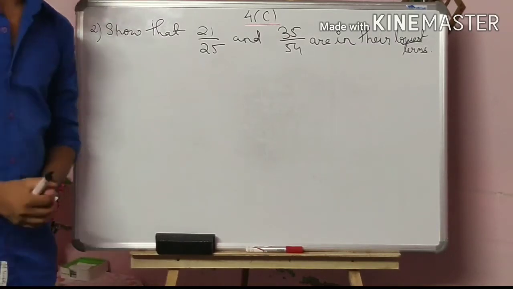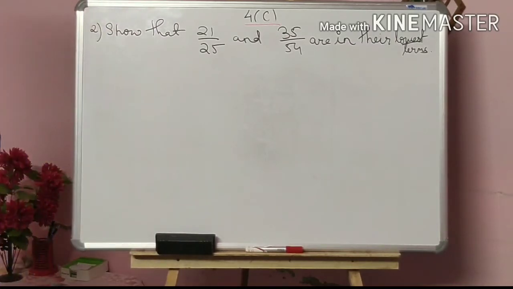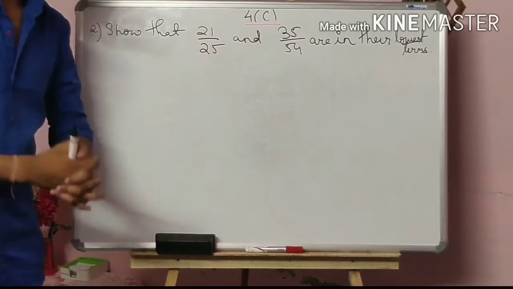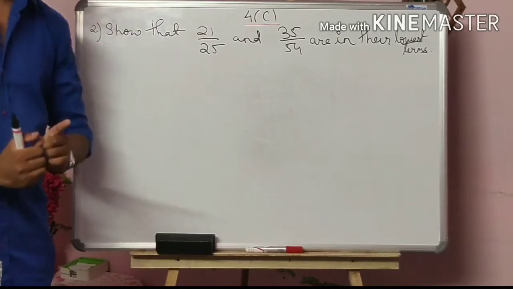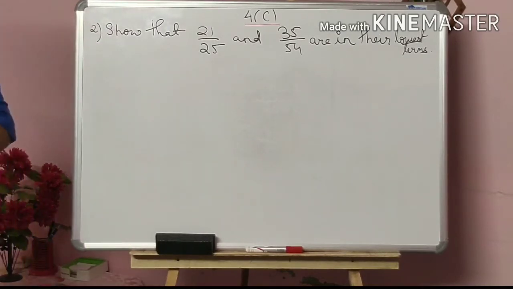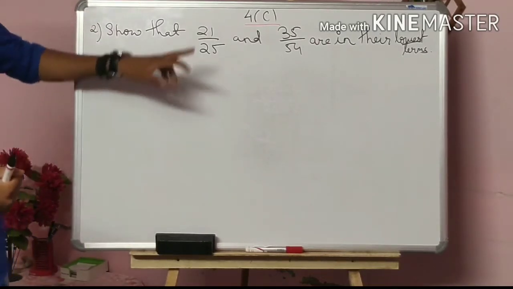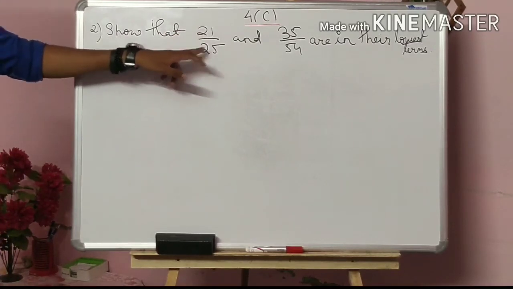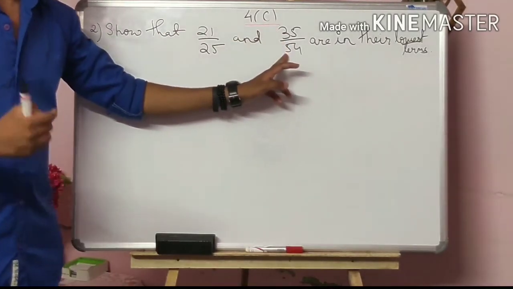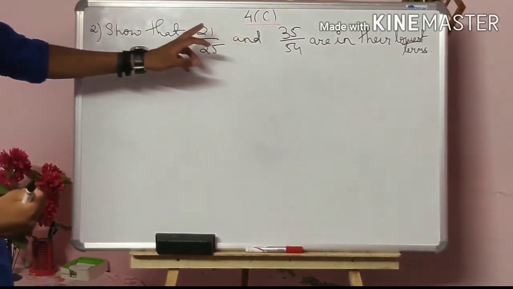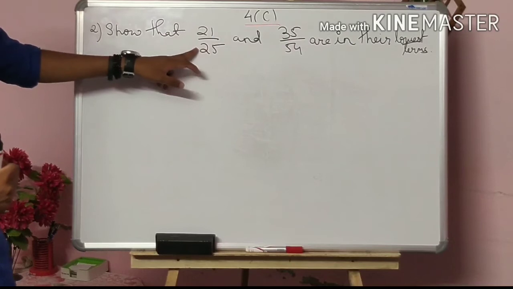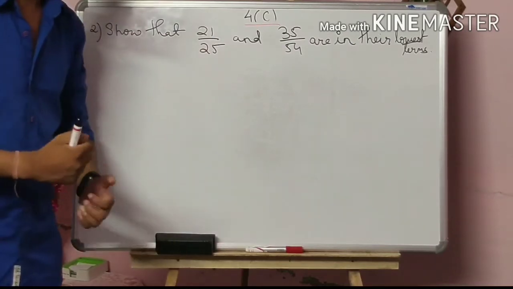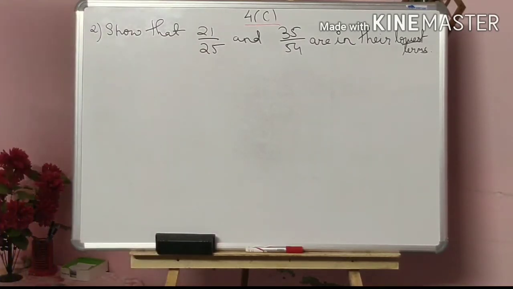Just remember what I have said: for being in lowest terms, their common factor should be only 1.